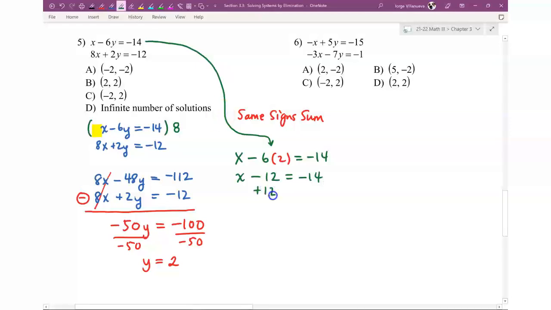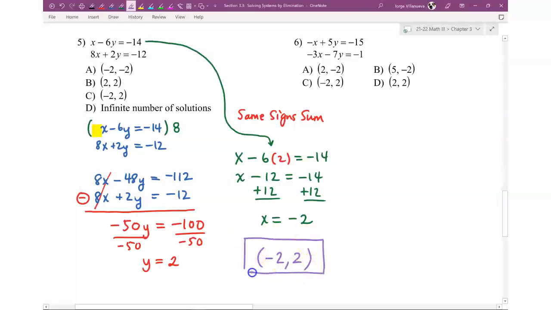So let's add it. So x is negative 2. So my answer should be negative 2, 2. Okay, negative 2, 2. Which letter is that? A, B, C, or D? C? Hold on, A, B. Yeah, it's C right there.